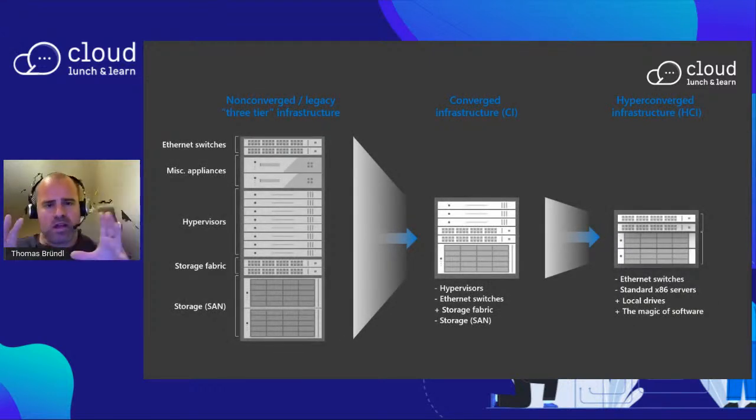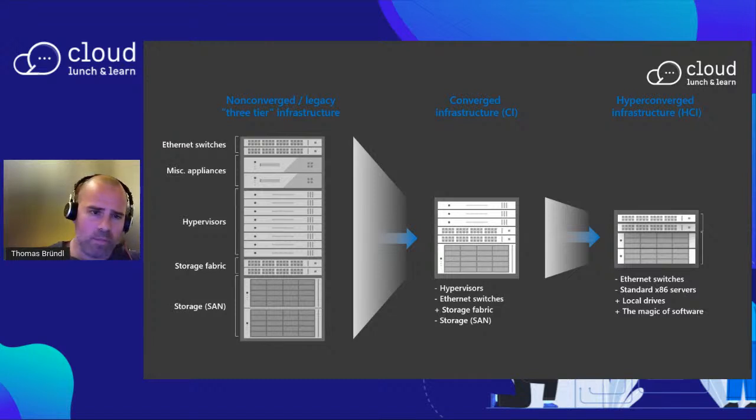Before we take a closer look at Azure Stack HCI, we first need to understand what HCI, or hyperconverged infrastructure, means. And the easiest way to explain this is via a simple figure. On the left side, we have a classic three-tier infrastructure consisting of the components listed here.